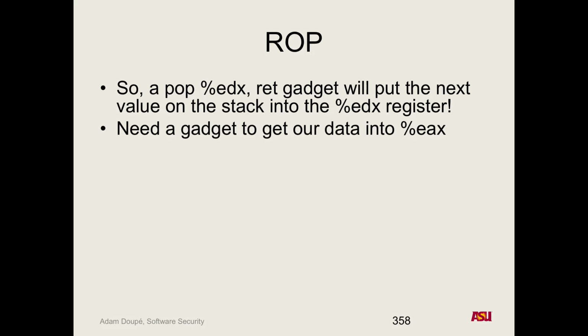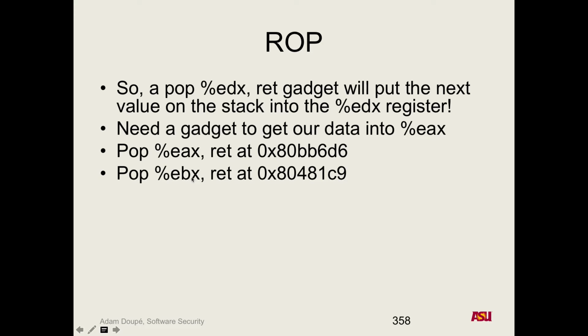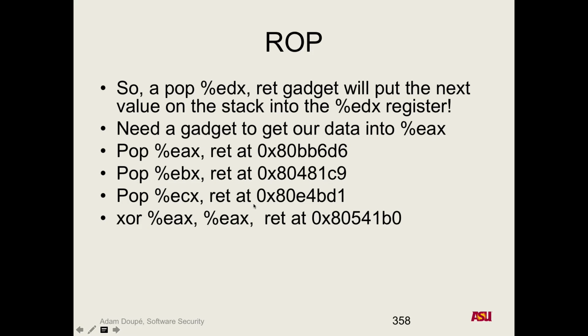All of those registers. So we'll find a pop EAX return at 80DB6D6, a pop EBX return at 80481C9, pop ECX, and XOR EAX with EAX. Why is this important? It zeroes out EAX, right? Which is nice.